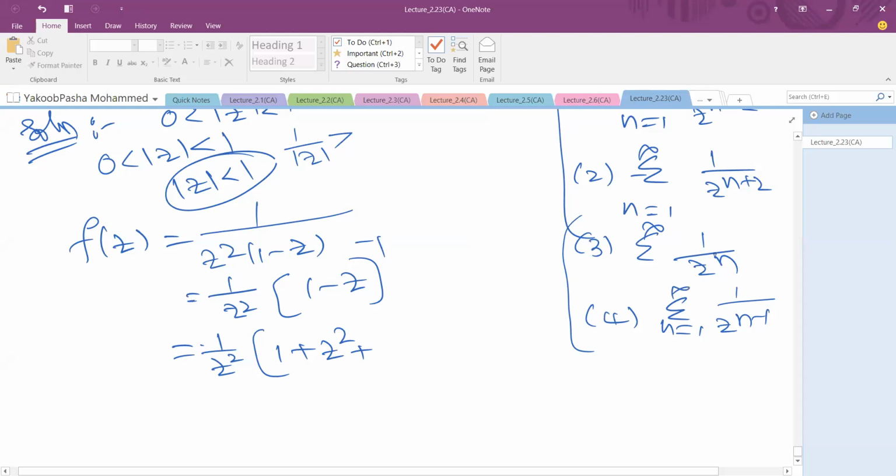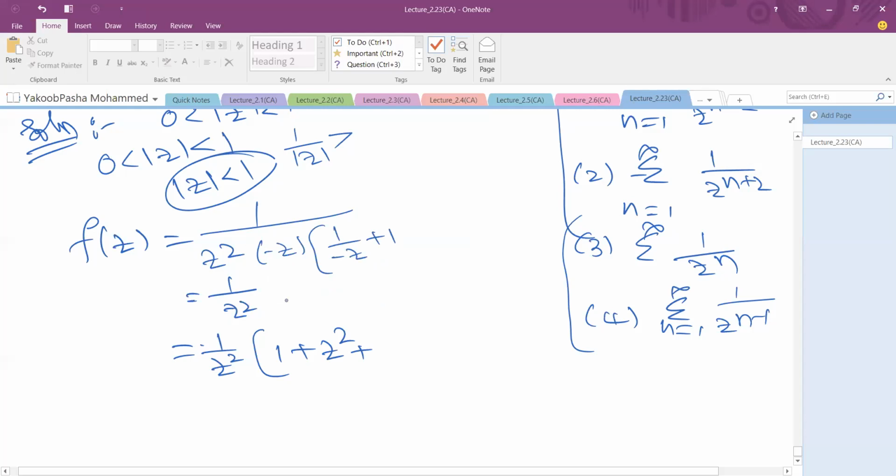Take z square common. Take z common. Options. I'm taking minus z common here. So we get 1 by minus z plus 1, minus z cube.